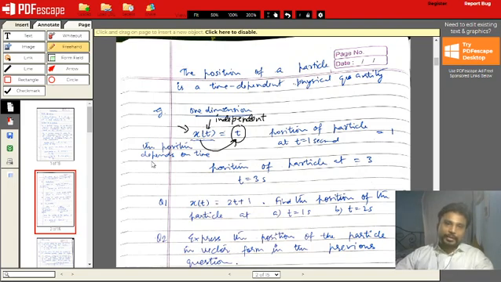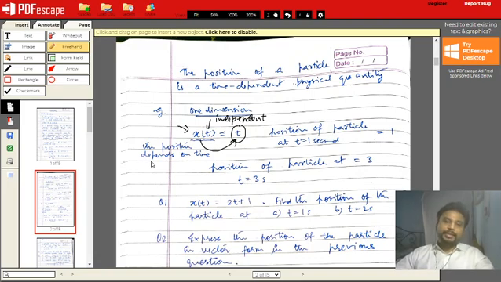When we write something like this, x as a function of t, it is read as x is a function of t. This means that the position of the particle is dependent on time, where time is the independent quantity which we decide, that is, at what time we want to find the position of the particle. So the position of the particle at t equal to 1 second is what we want to study.